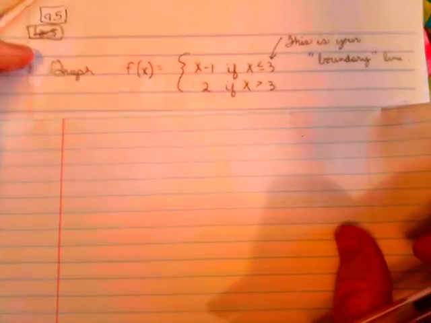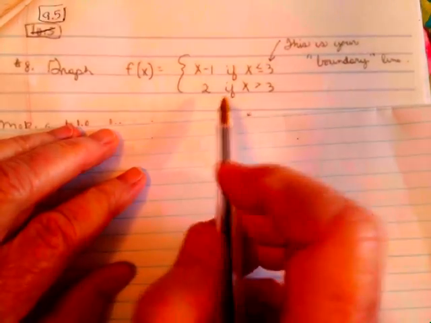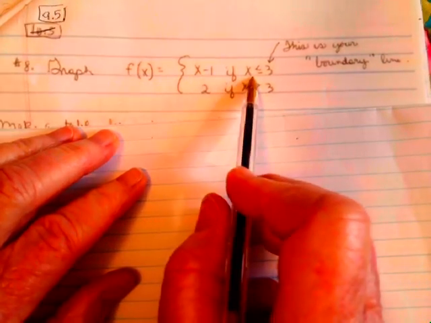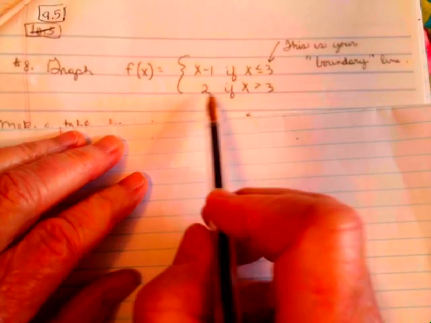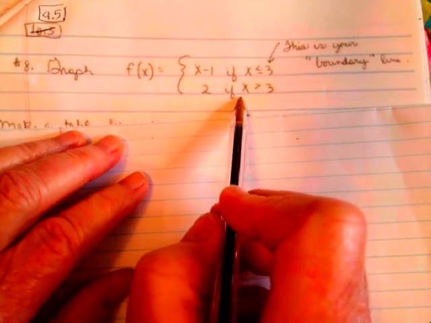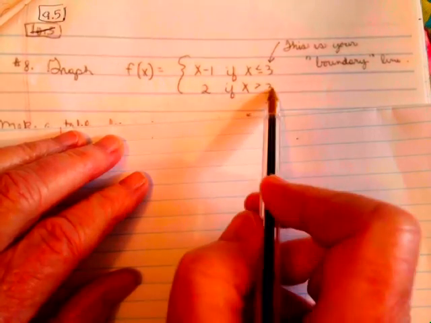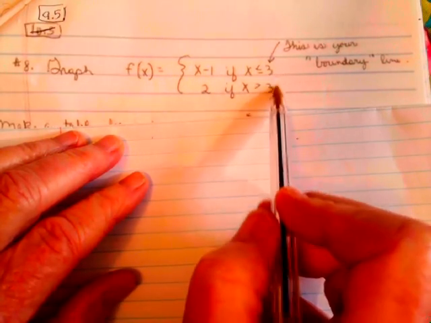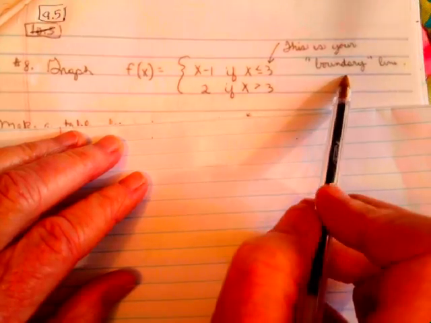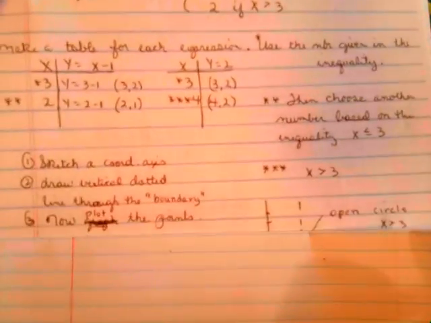Number 8, graph f of x equals x minus 1 if x is less than or equal to 3, and 2 if x is greater than 3. We're going to graph this piecewise function. The number that's given out here in the inequality is our boundary. So you're going to draw a coordinate axis.